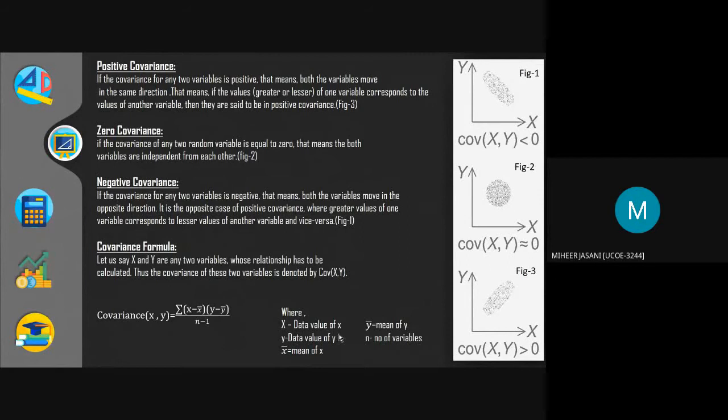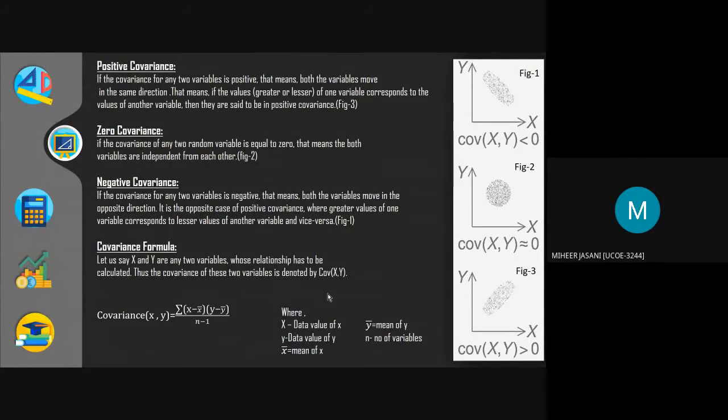It is shown in figure 2. If the result is equal to 0, it means there is no relationship between both variables and both are independent from each other. Third, negative covariance. If the result is negative, that means the two variables are moving in opposite directions. If one goes up, the other will go down and vice versa. It shows an indirect relation between two variables.